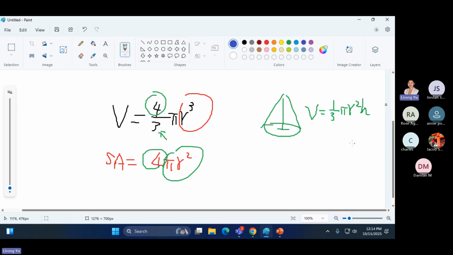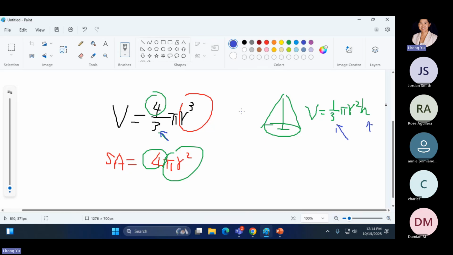So I often think about this 1/3 as related to that 1/3. Of course, the h there is related to dissecting the entire volume of the sphere into multiple cones. The height of every cone will be the radius.